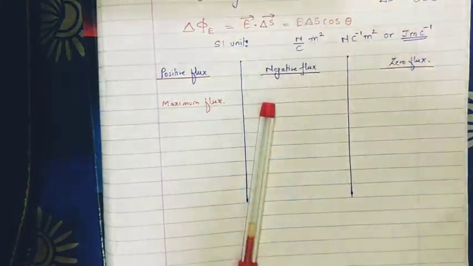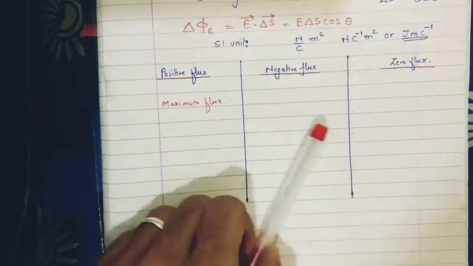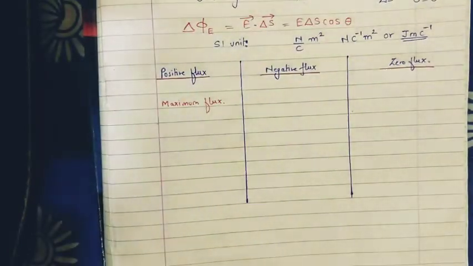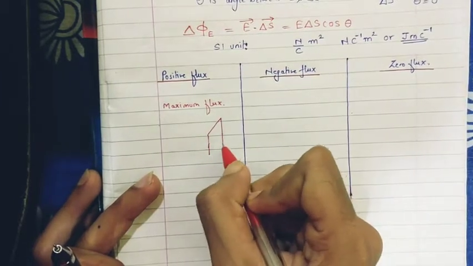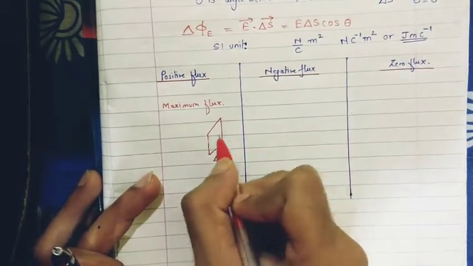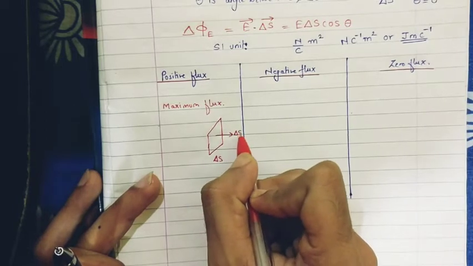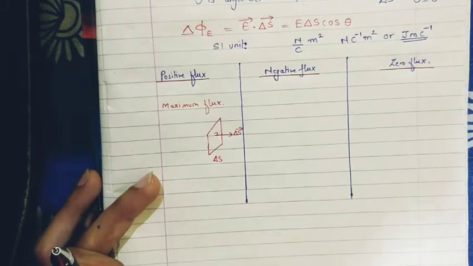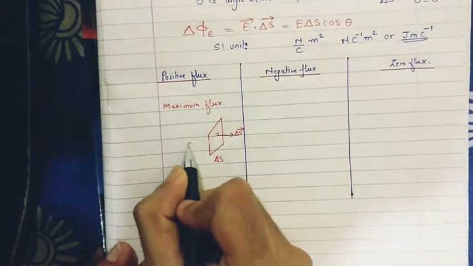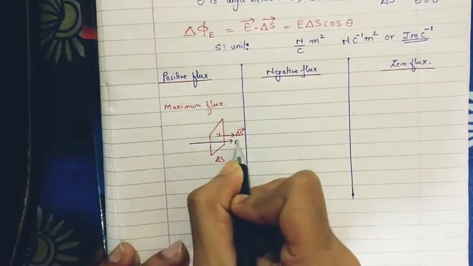If I want to show it to you using a figure, if this is the area, this is my delta S, and this is my delta S bar, that is the area vector, which is always perpendicular to the surface. My electric field is passing like this.